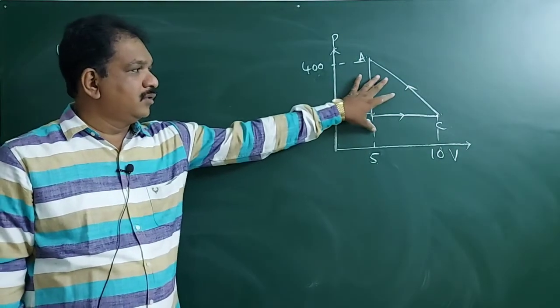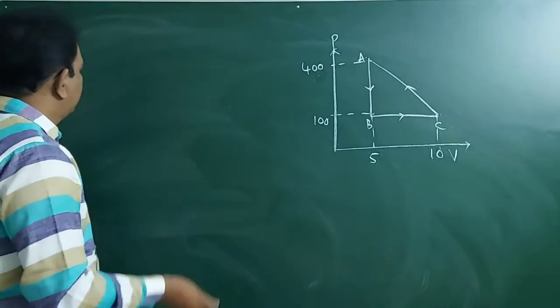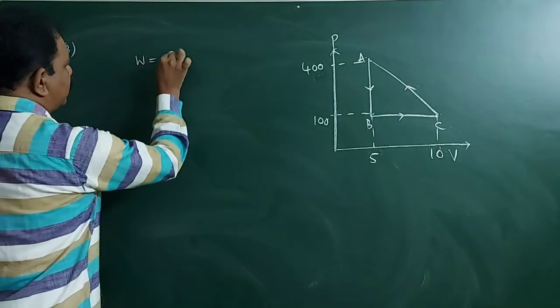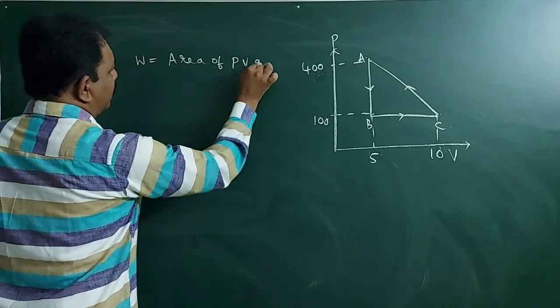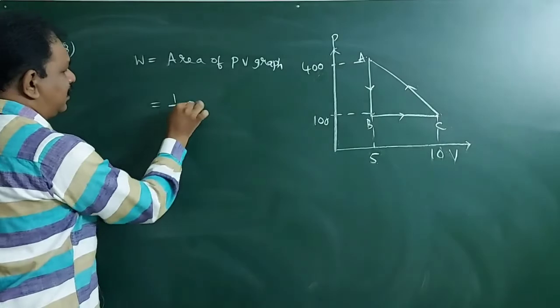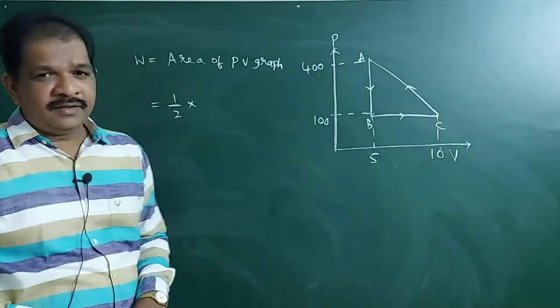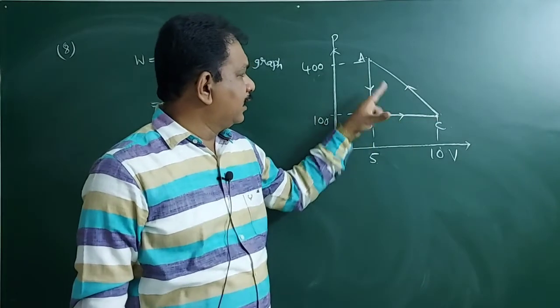Work done is equal to the area of the PV graph. W is equal to the area of the PV graph. Here a triangle is there. Triangle area is half into base into height.